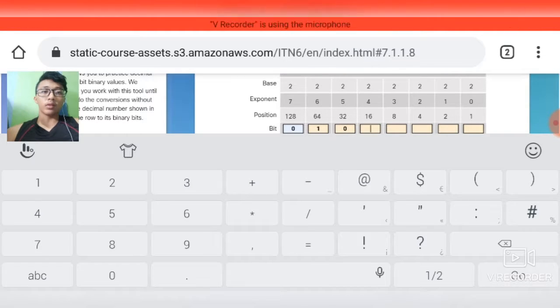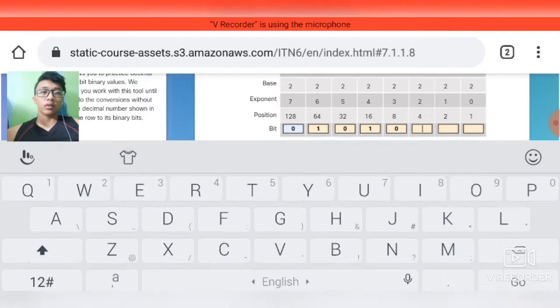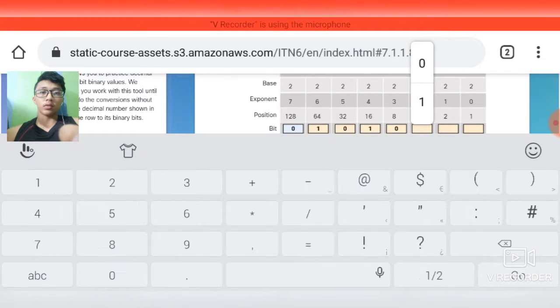And 21 minus 16 will be 1, because 21 minus 16 is 5. 5 minus 8, 0, and 5 minus 4 is 1, so the answer here is 1. 1 minus 2, 0, and 1 minus 1 equals 1.